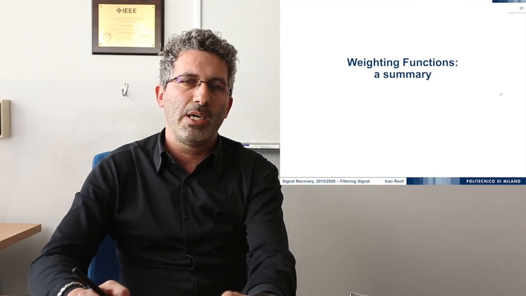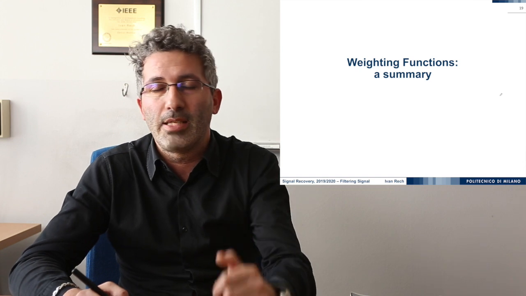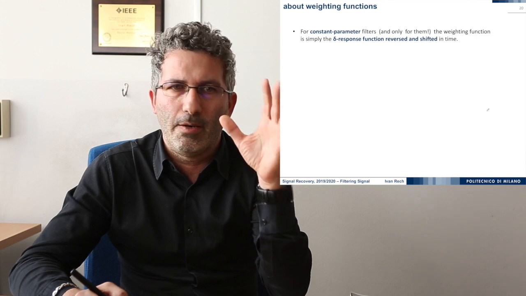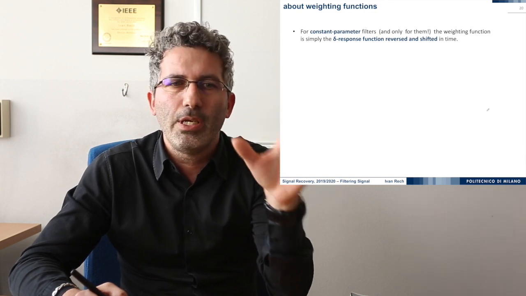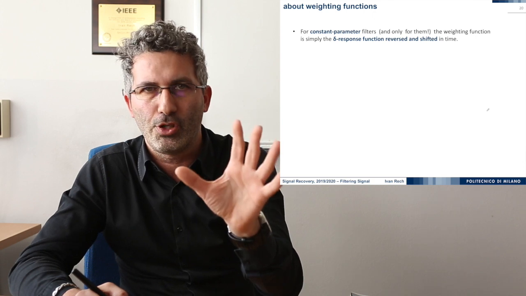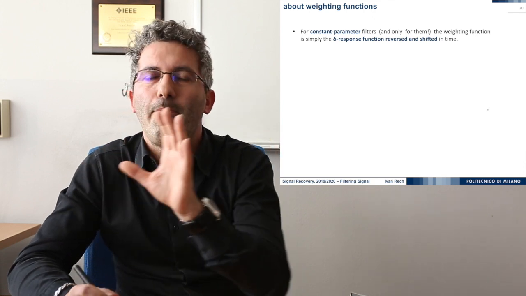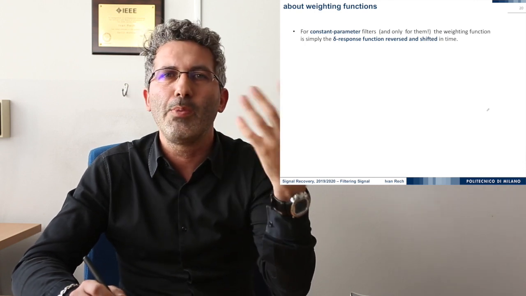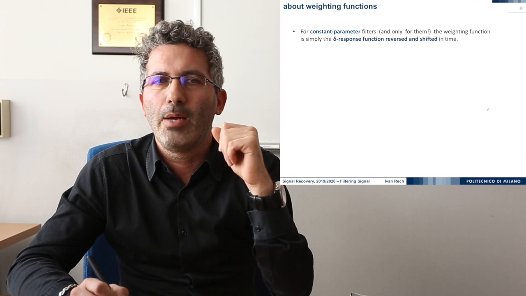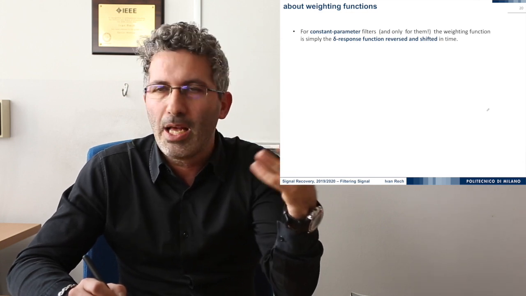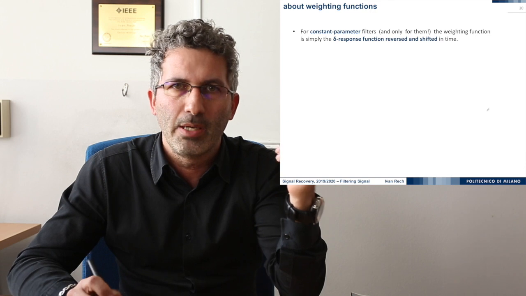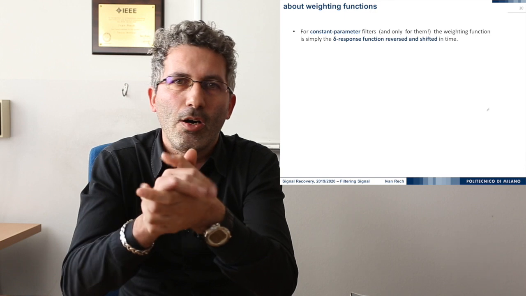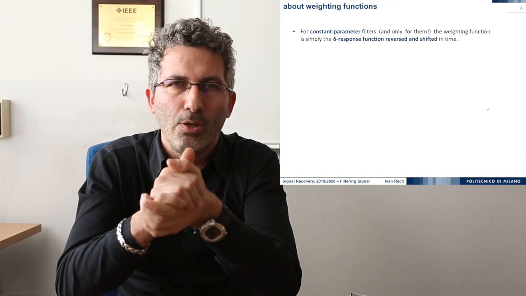So, just a summary of the weighting function and a summary of this lesson. First point: with a constant parameter filter, the weighting function is simply the delta response function reversed and shifted. Pay attention, reversed. Why am I stressing reversed? When we study the optimum filter, I will show you that we would like to have a function with a certain shape, and we will find that the shape is exactly the reverse of the shape that we can easily obtain with the low-pass filter.